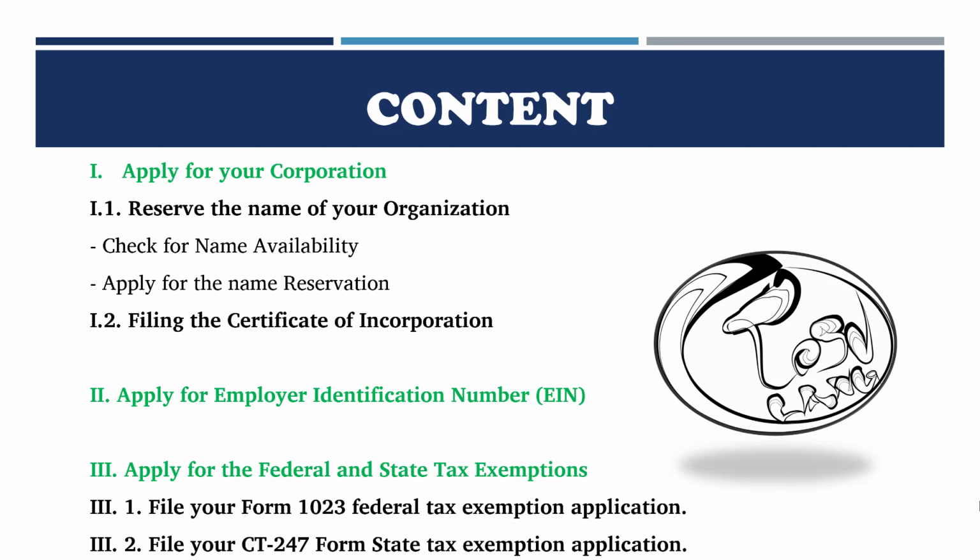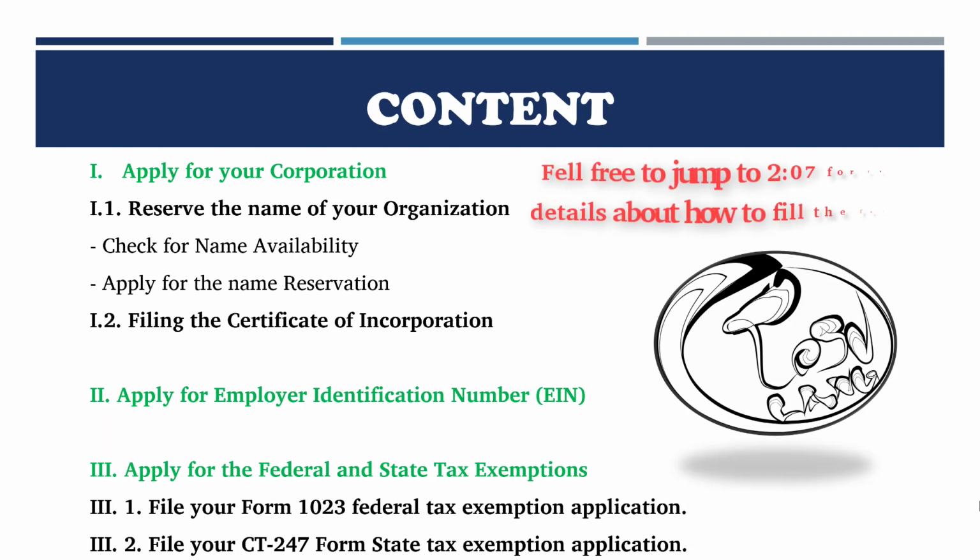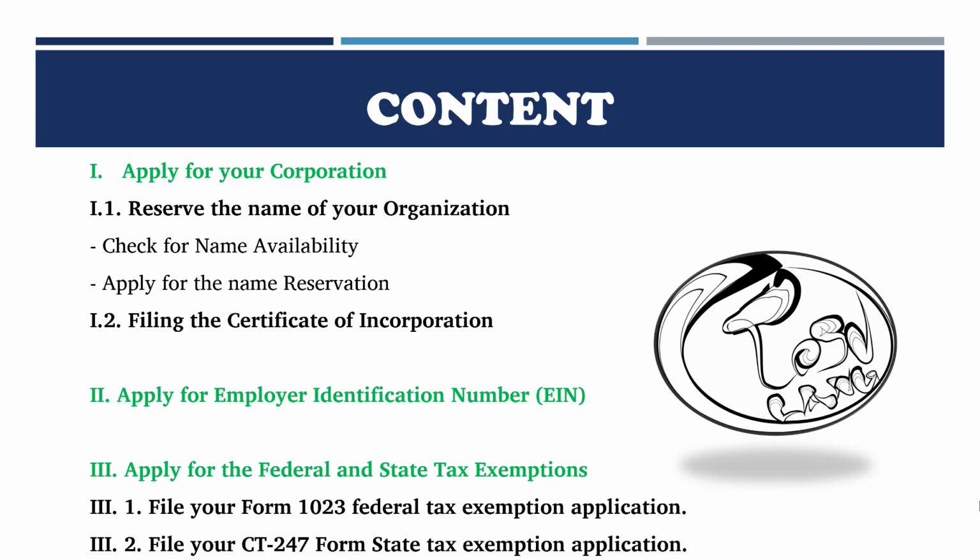These are the main steps that you will take in order to incorporate your tax-exempt organization. The very first thing to do is to apply for your corporation. And in order to apply for your corporation, the first thing to do is you must reserve the name of your organization.